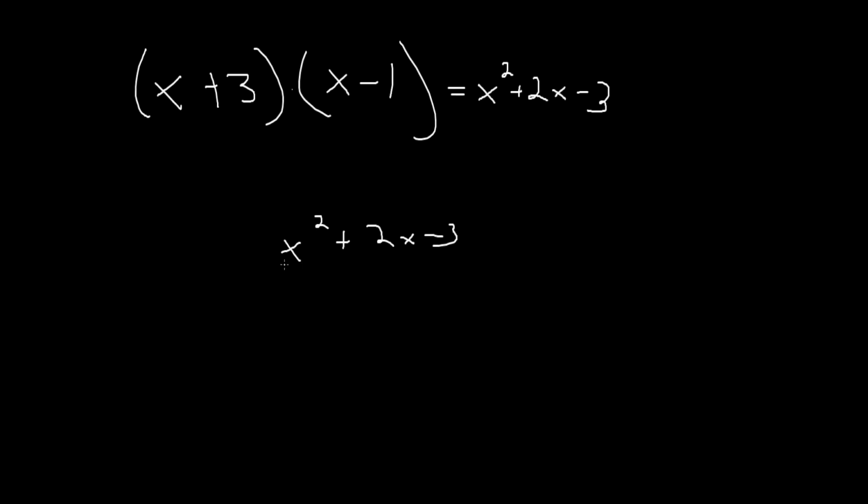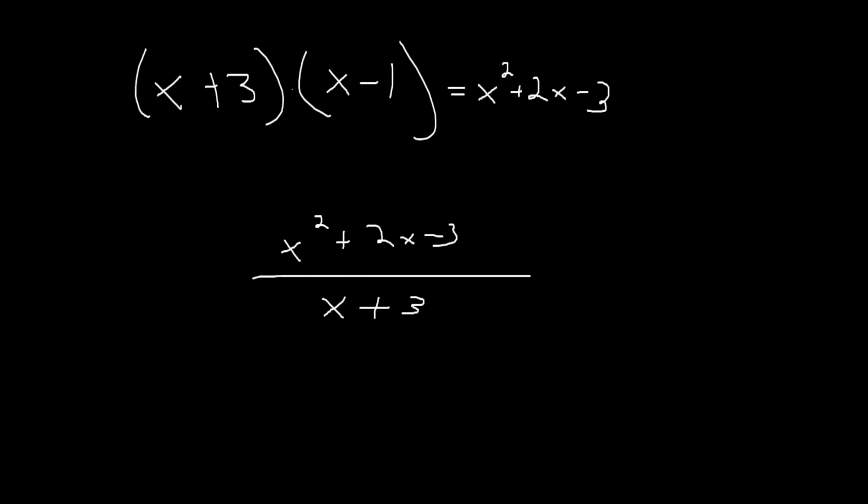So if I can multiply in order to get this, I should be able to divide and get one of the things I started with. So let's say I divide this by x plus 3. There's a couple ways that I can do this. If you're familiar with factoring, you can factor this out.